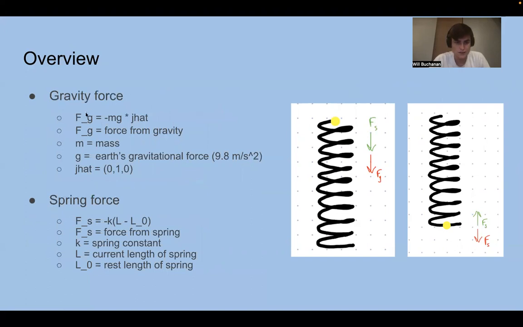Here we see the gravity force is equal to the mass times Earth's gravitational acceleration, which is 9.8 meters per second squared. And this j hat is basically saying that this gravity force only acts in the y direction. Then the spring force is equal to the spring constant multiplied by the distance the spring is from its rest length.